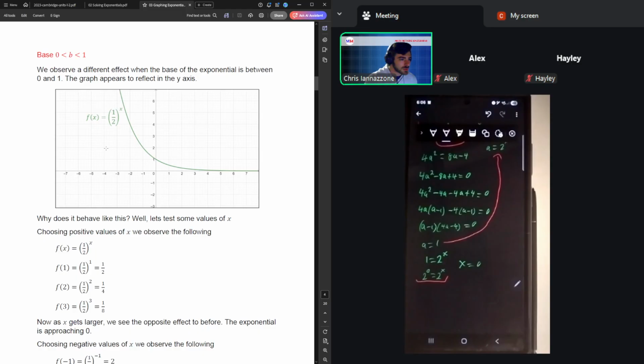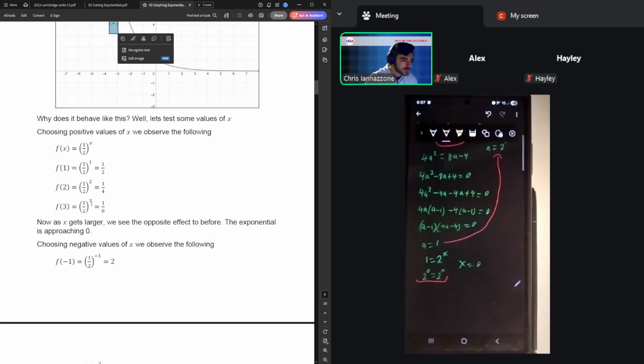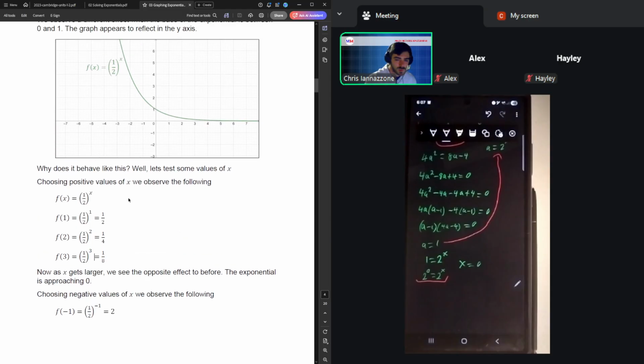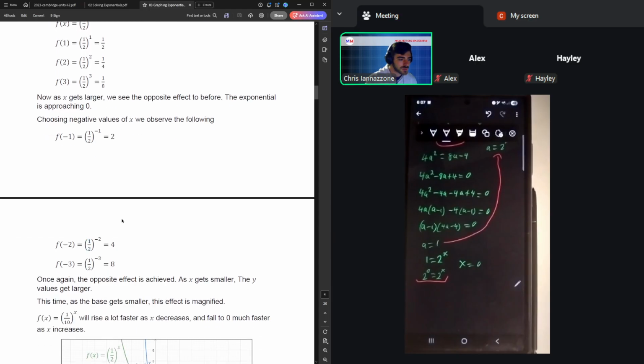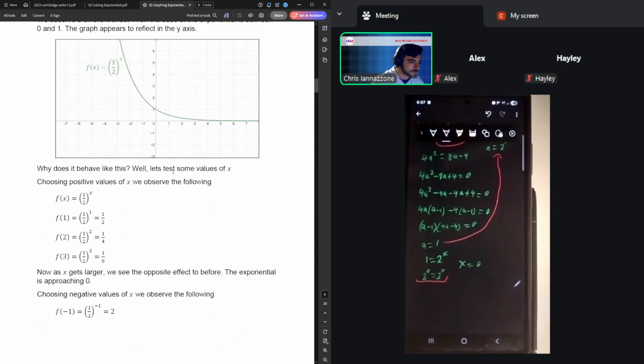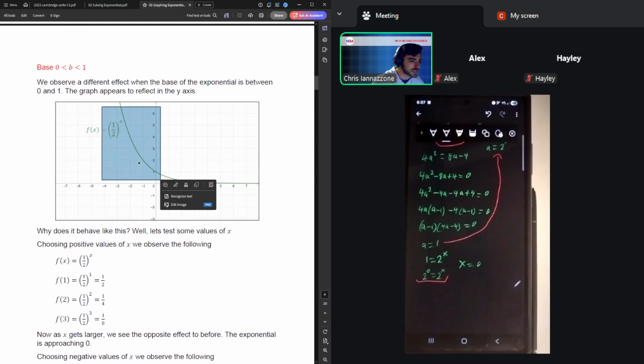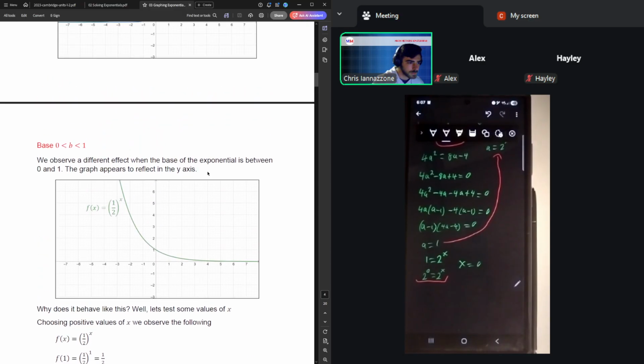When we have a base between 0 and 1, or in other words, just some fraction, now you get the opposite effect, where when you raise a fraction to a power, that number gets smaller and smaller, gets closer to 0. So now the positive x's are what's causing it to decrease, and the negative x's, because they are flipping the base to a whole number, are now causing it to increase. So that's why we end up getting the flipped effect.